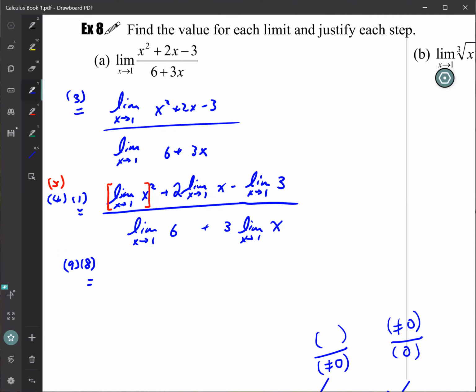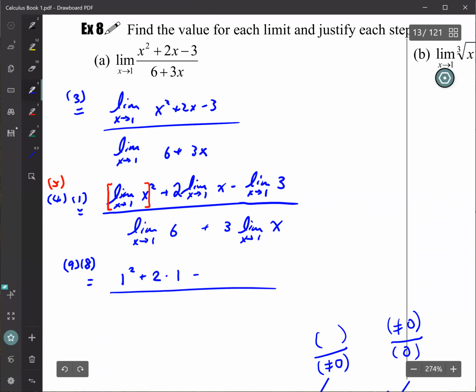It becomes 1. Yeah, so it'll be 1 squared plus 2 times, that's also 1 again, minus the limit of a constant. Leon, what does it become? 3.